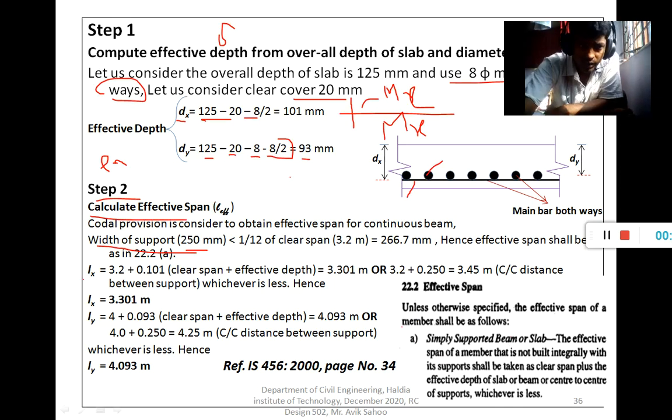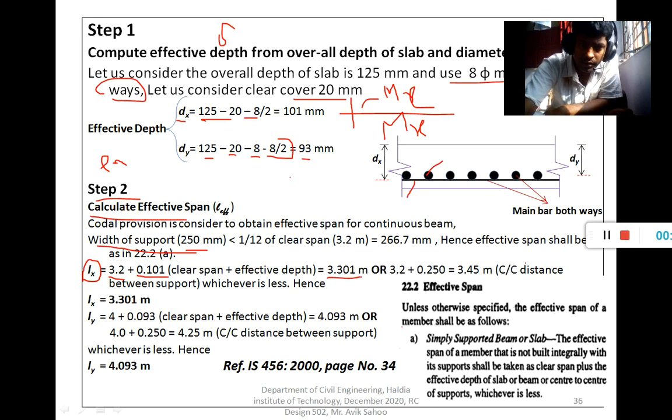Now we calculate the effective span. Clear span plus effective depth in the shorter direction: 3.2 plus 0.101, since the effective depth is 101 mm, so we get 3.301.